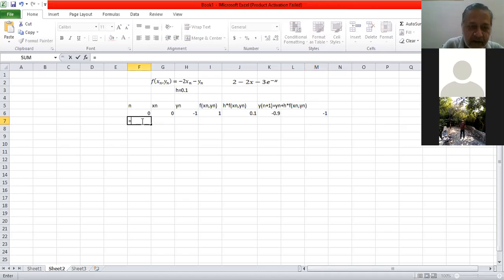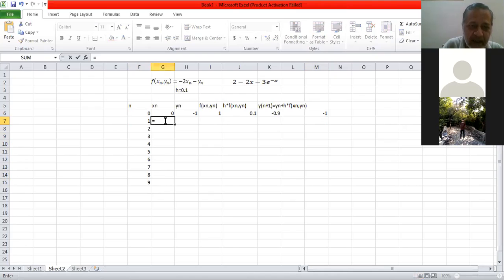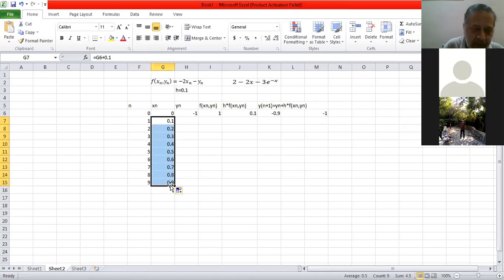Next iteration will have index value 1, so we add 1 to F6, and all our indices come in this column. We have to go up to 10, so here we put the x value: our h is 0.1, so the new x value will be G6 plus 0.1, and we see that it came up to 0.9 and this reached 1.